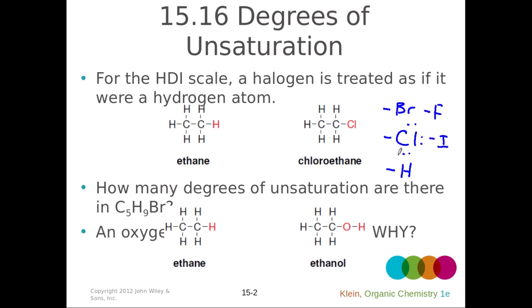For hydrogen we have 1 bond, and for chlorine we have 1 bond. So obviously the other halogens are going to be the same, like bromine and fluorine and iodine. So if we have any of these atoms on the molecule, it acts just like a hydrogen because it has the same number of bonds as a hydrogen, just 1 bond. So we don't really have to treat it any differently than we would a hydrogen.